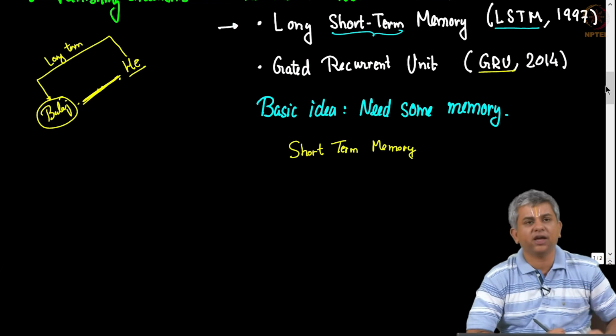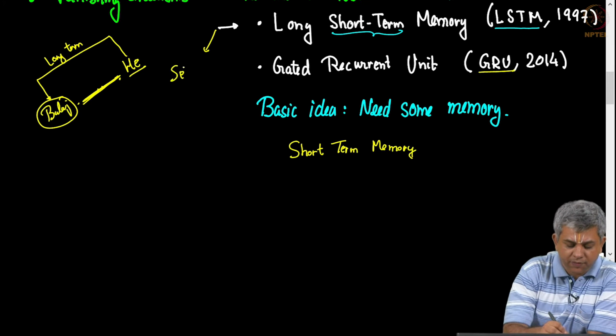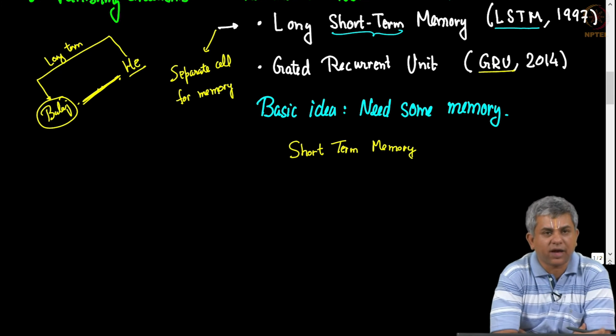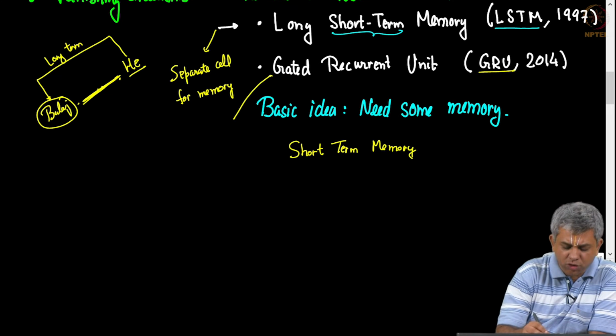So the basic idea here is to either have a separate cell for memory. So this is what Schmidhuber did in LSTM, which is to have a separate cell for memory, and GRU also uses some memory like operations.